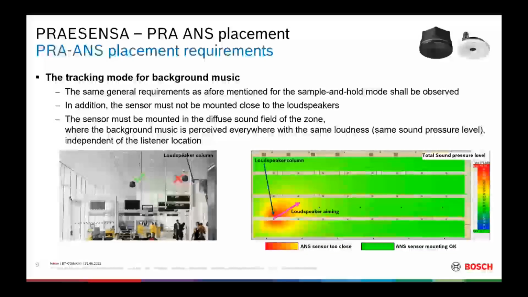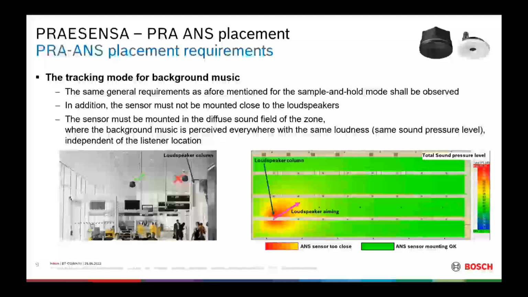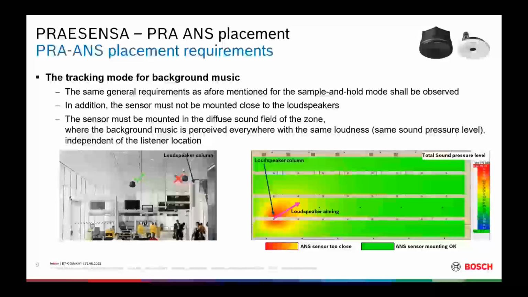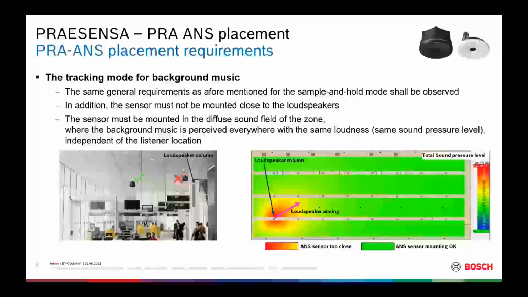I made a little visualization here, meaning don't go too close to a loudspeaker. Too close will be explained a little bit later. Because then you would be in the so-called direct sound field of the loudspeaker, and this is where you do not want to be. You want to be in the diffuse sound field, in the area which is indicated here on the right hand side by the green areas.